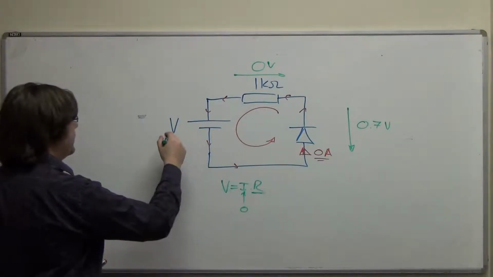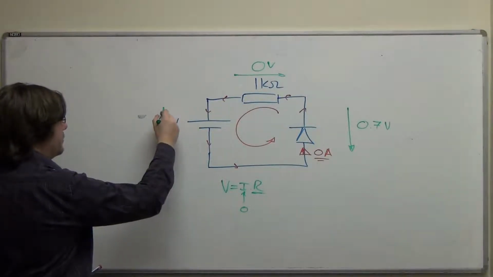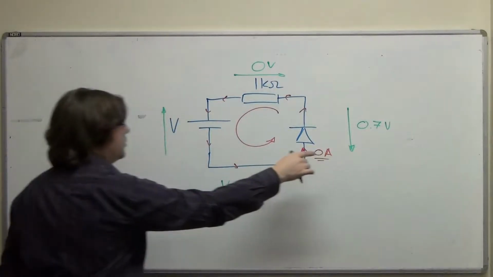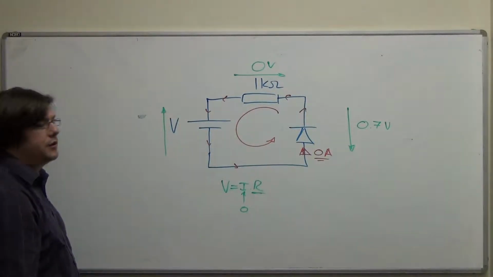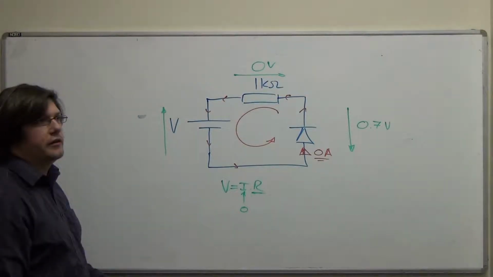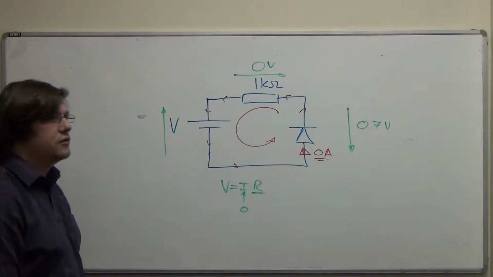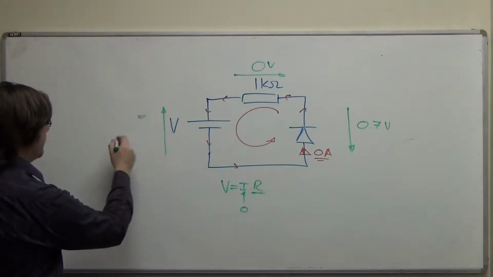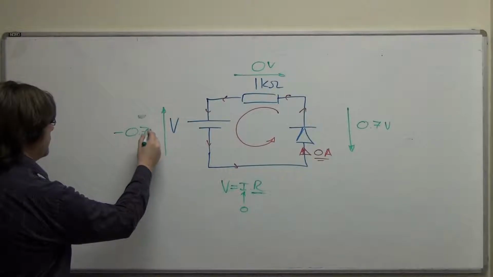So what we really need to know is, what do I have to do to V to make 0.7 volts with the arrow the other way round? Well, the arrow the other way round is electronics speak for minus. So we know that V must be minus 0.7 volts.